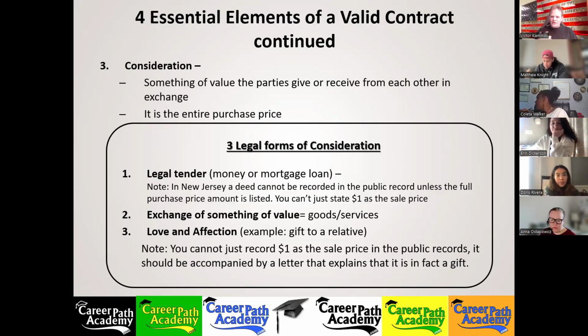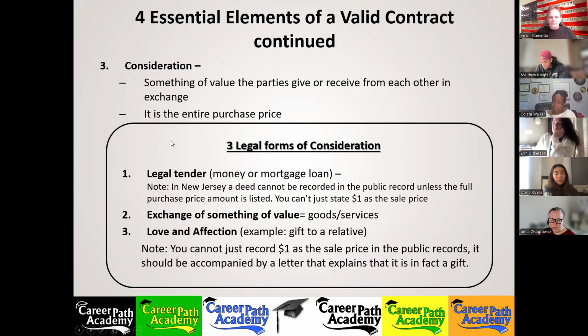For any kind of legal agreement to be legally enforceable in a court of law, there had to have been an exchange of something of value between the parties, both parties. Can't just write a contract that benefits one side. It has to be mutually beneficial.